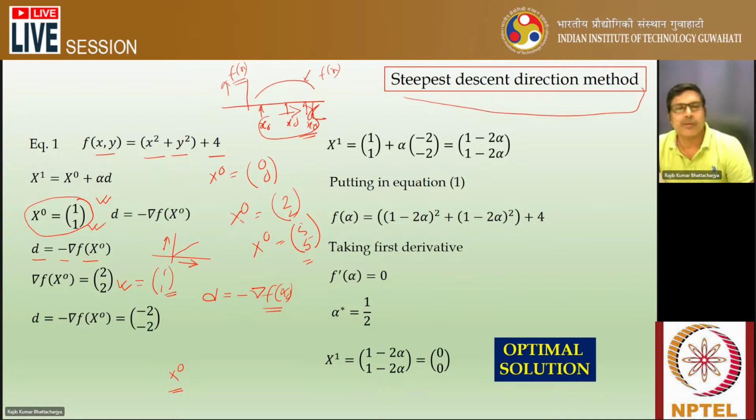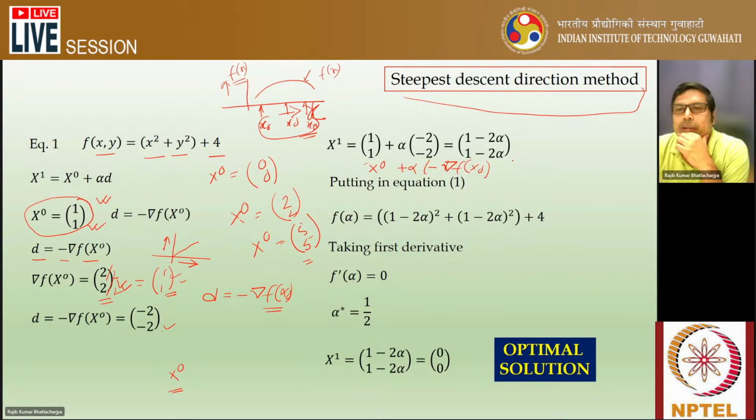This is the 45-degree line. Whether you use 2, 2 or 1, 1, or divide by any number, suppose I divide it by 2, I will get 1 and 1. I have taken the negative of the gradient, so this is minus 2, minus 2, and then x0 plus alpha times minus del f at x0.